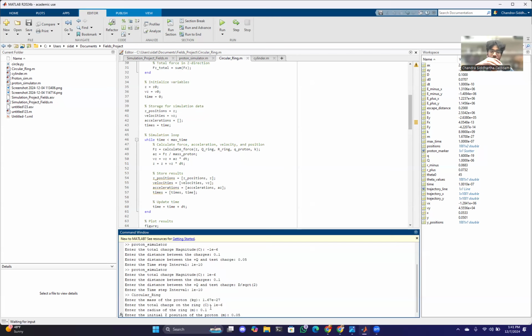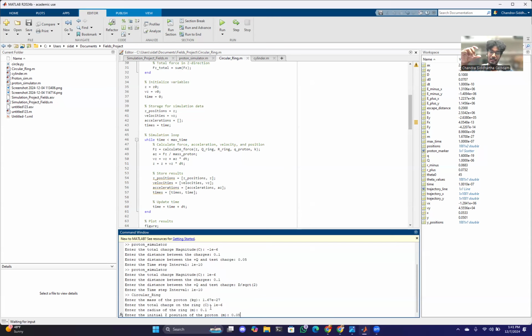So in this particular aspect of the project, we have three coordinates, the x, y, and z coordinate. The circular ring, in accordance with my code, is placed in the xy plane, and the proton is multi-dimensional.